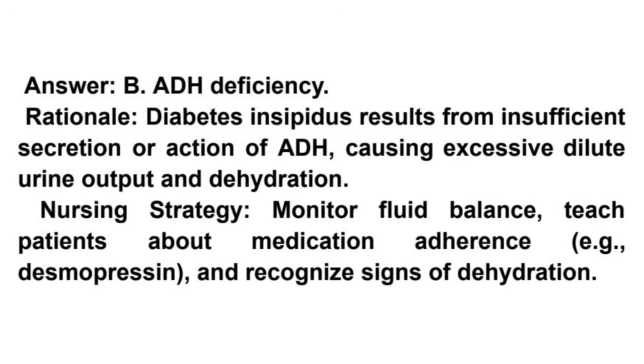Rationale: diabetes insipidus results from insufficient secretion or action of ADH, causing excessive dilute urine output and dehydration. Nursing strategy: monitor fluid balance, teach patients about medication adherence, for example desmopressin, and recognize signs of dehydration.